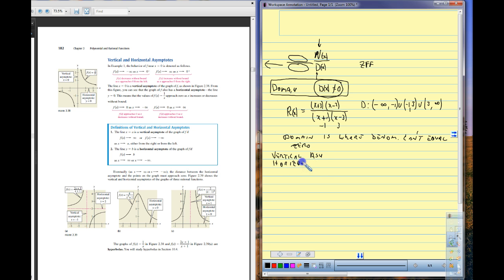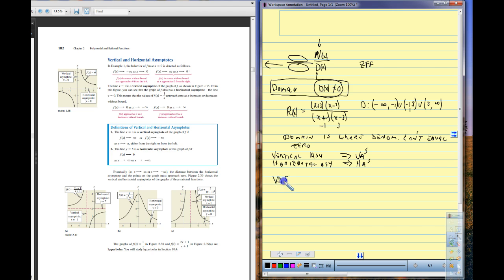I am going to refer to these as VAs, and I'm going to refer to these as HAs. I'm just going to use that shorthand, VAs and HAs. Now there are some rules that we use for finding VAs and HAs. Let's talk about, first of all, VAs.